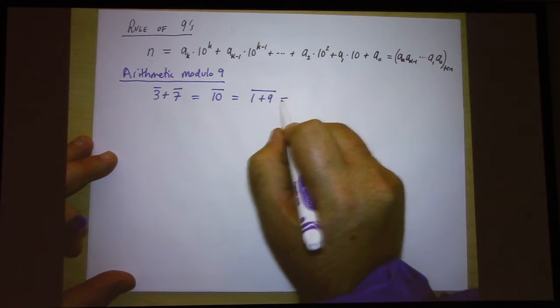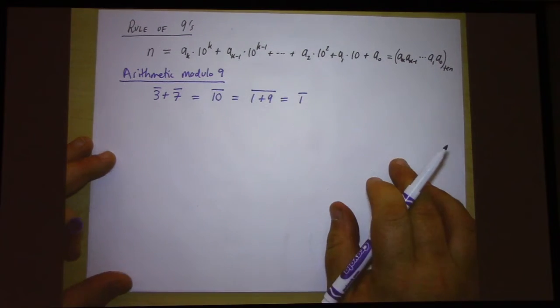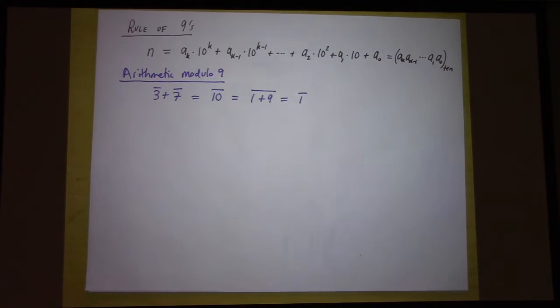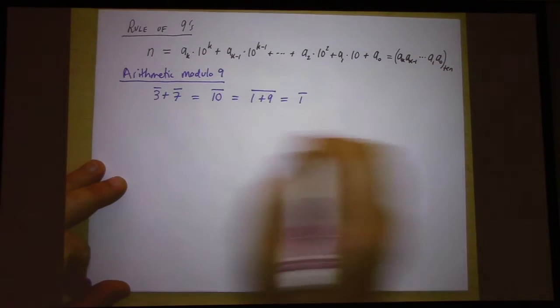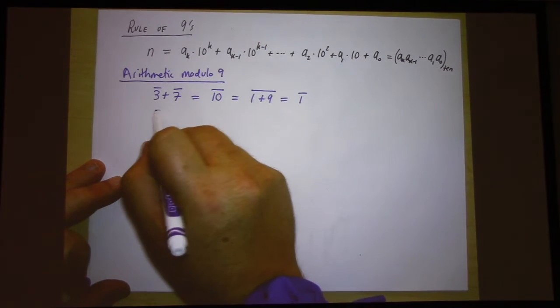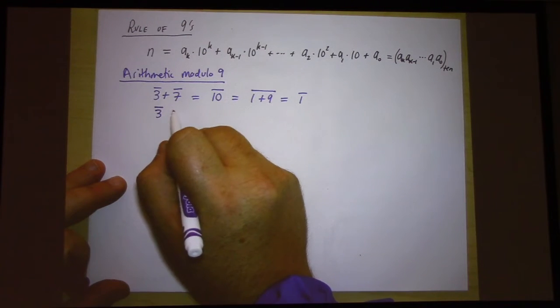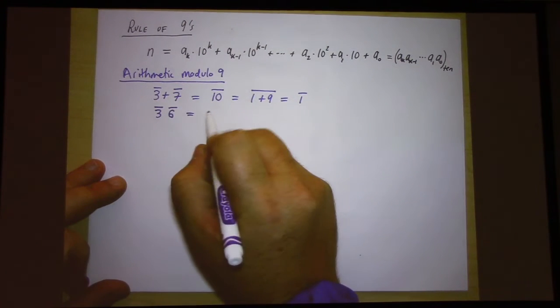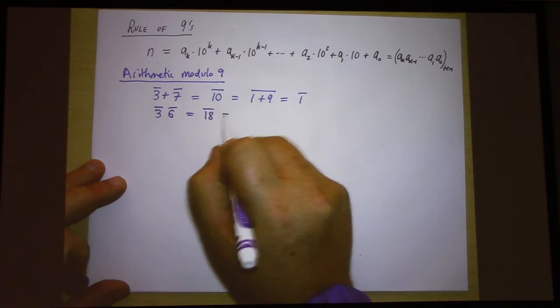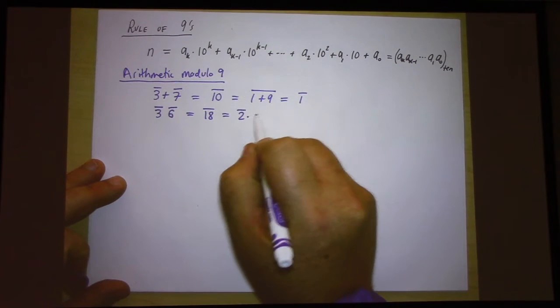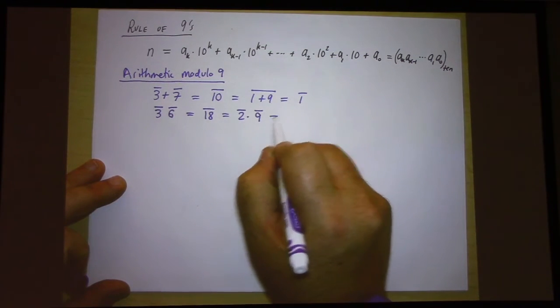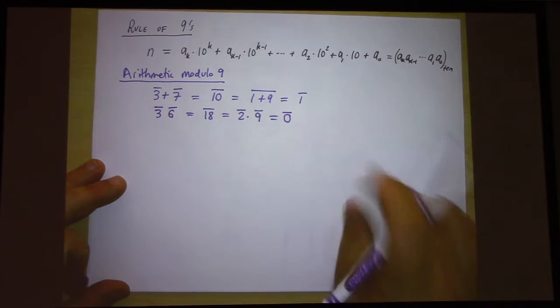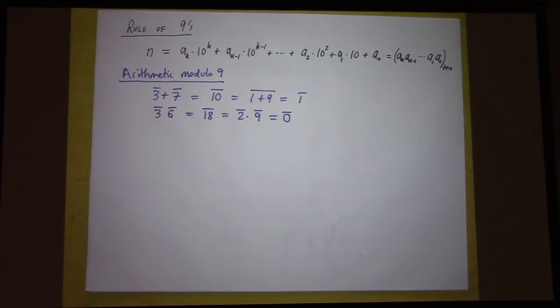And the deal is, copies of 9 go away. Basically, in mod 9 arithmetic, any multiple of 9 is 0. So for example, if I have 3 times 6, I would get 18. But since 18 is 2 times 9, and 9 is 0 mod 9, we get 0. So this is the way mod 9 arithmetic works, it just absorbs copies of 9.